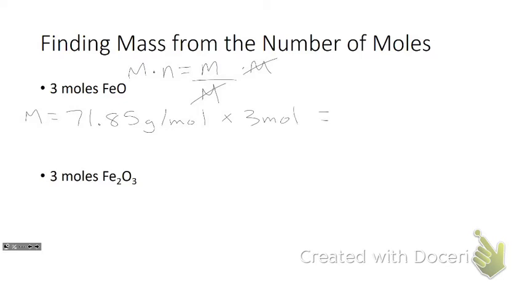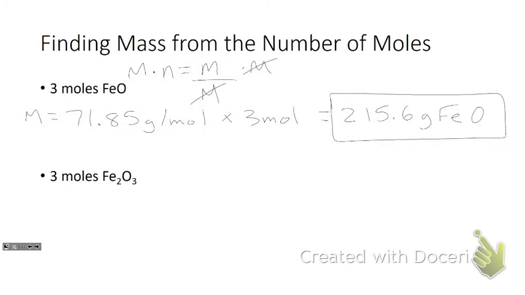So we get a value of 215.6 grams of iron 2 oxide. For iron 3 oxide, we had big M as 159.7 grams per mole.